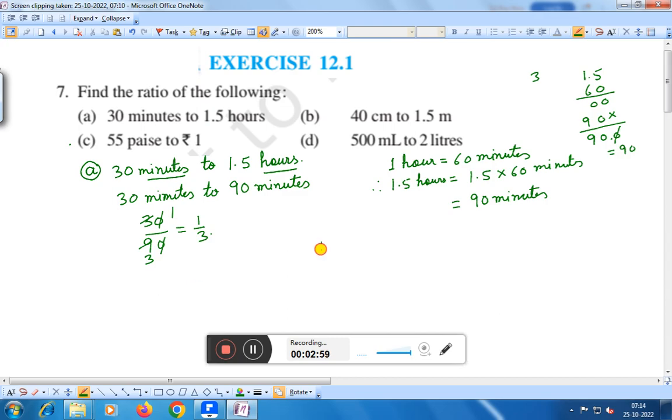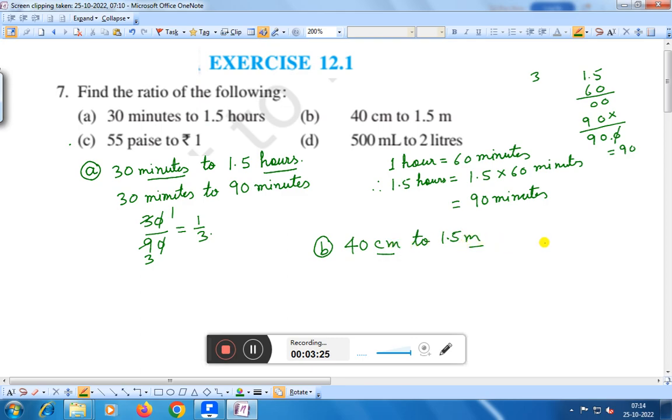Now question number B. Question number B is 40 centimeter to 1.5 meter. Here also you see the unit is different. It is centimeter and it is meter. Therefore, you have to change the unit into the same unit, right?